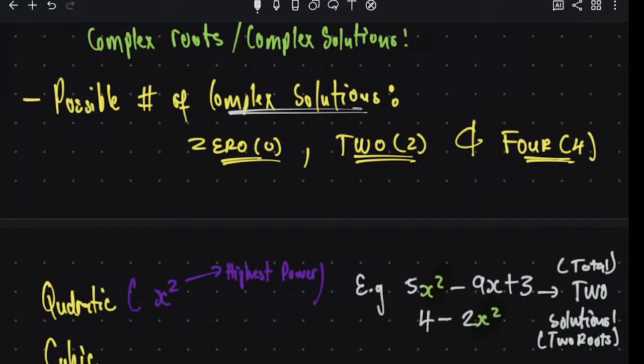Because a quadratic equation can only have 2 solutions maximum. Can we get 2 complex solutions in a quadratic equation? Yes, hypothetically. Yes, because you can get 2 complex solutions. Can you get 0 complex solutions and just have 2 in a quadratic equation? Yes. But what you can't have in a quadratic equation is 1 complex solution.